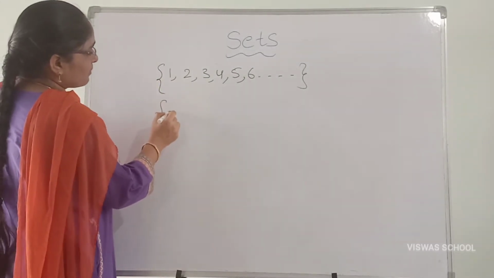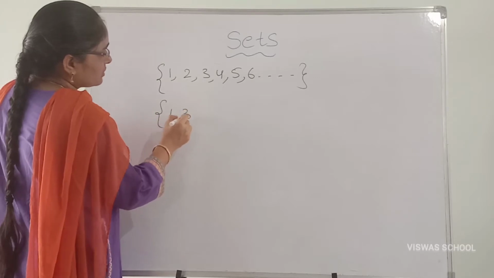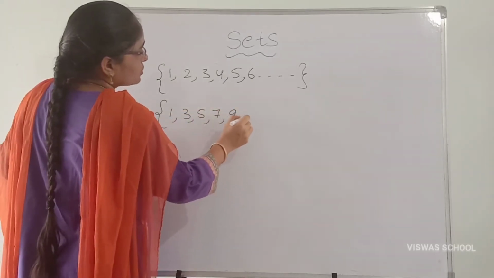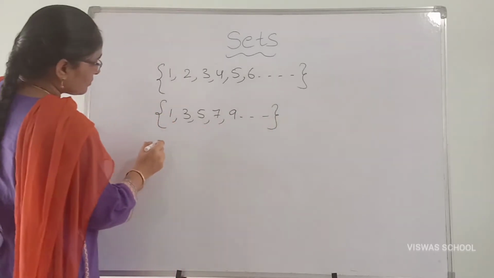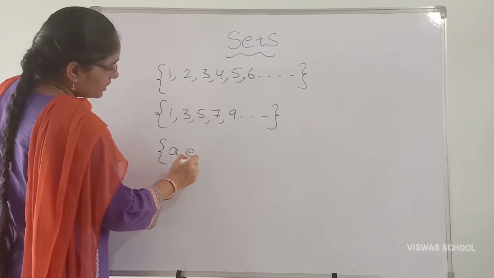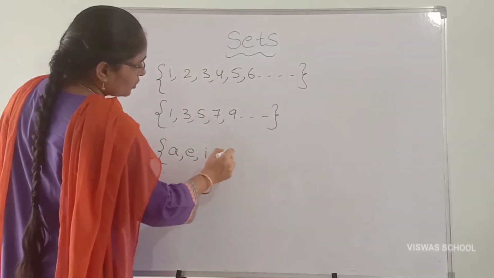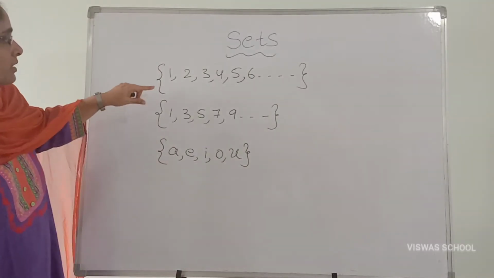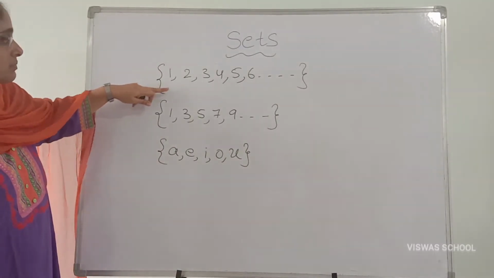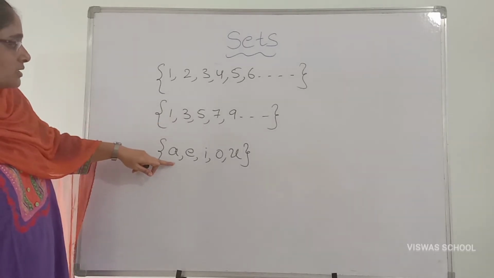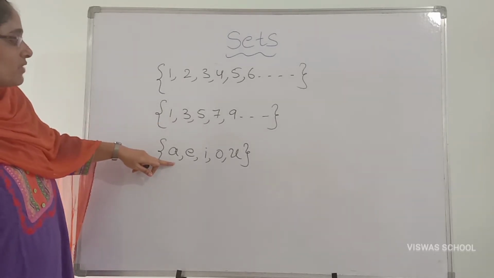And one more example I am writing: 1, 3, 5, 7, 9, and so on. And A, E, I, O, U. Here, this is natural numbers, this is odd numbers, and these are called vowels.